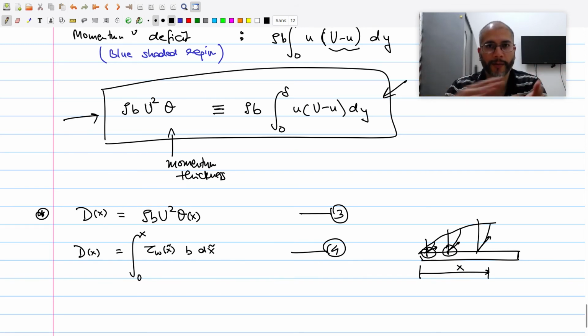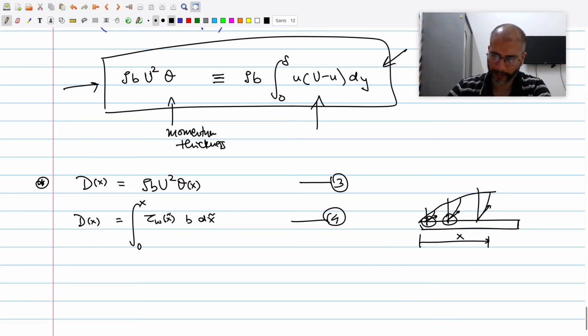If there was no shear stress at all, you would not get any deficit, and there would be no force because of shear. So that deficit, this integral here, is linked to the shear stress, and that is what we are going to do now. Use 3 and 4 and relate theta and tau wall. That is what we are heading towards.